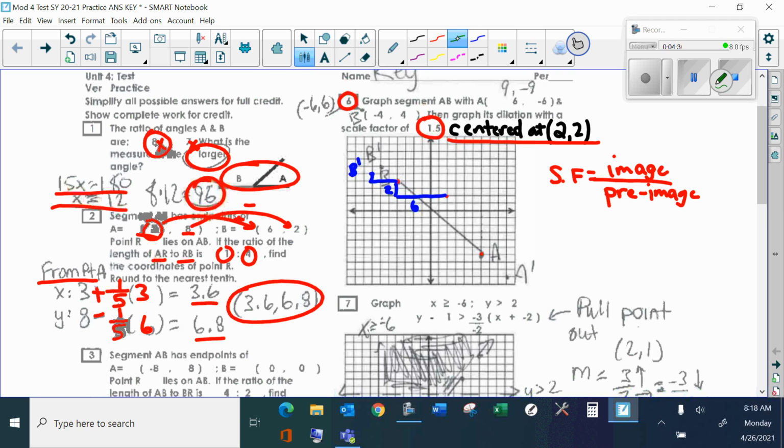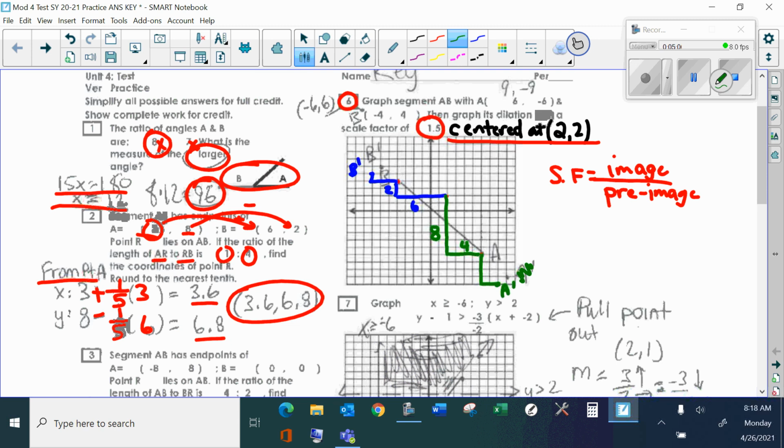Now I'll change the color. How do I get down to A? It doesn't matter if I go horizontal or vertical first, so I'll go vertical first. 1, 2, 3, 4, 5, 6, 7, 8 in the y, and 1, 2, 3, 4 in the x. So that means I have to go down half of each of those: down 4, 1, 2, 3, 4, and right 2, 1, 2. Right there is going to be A prime.